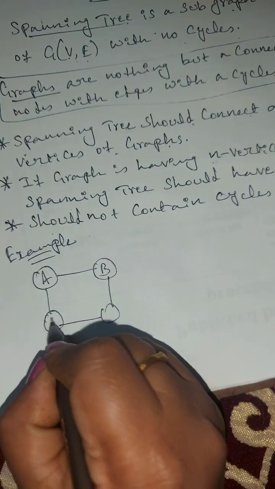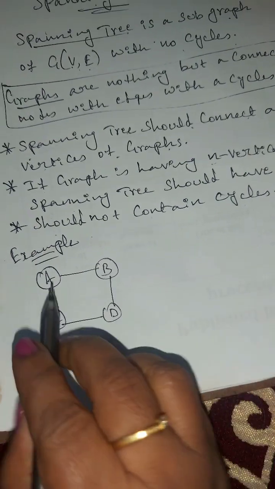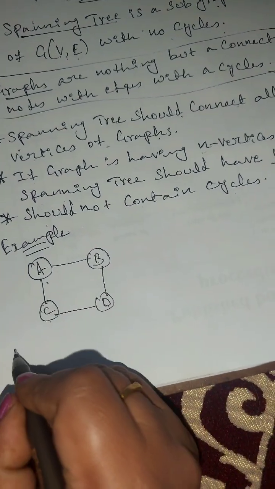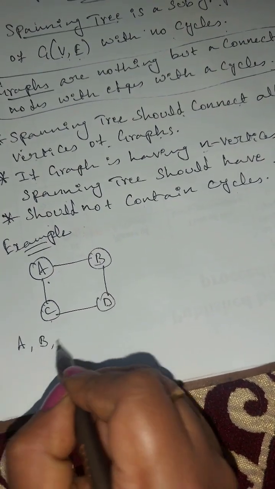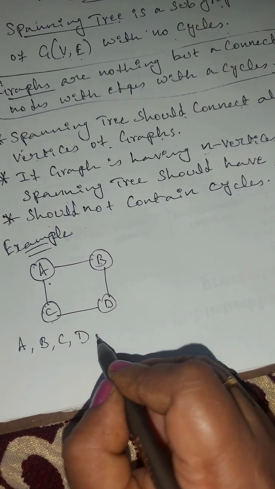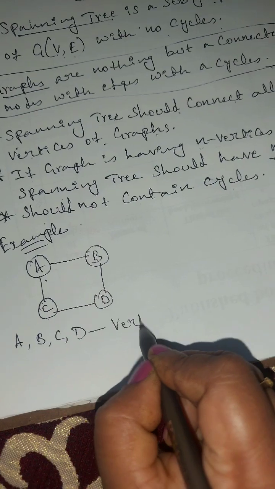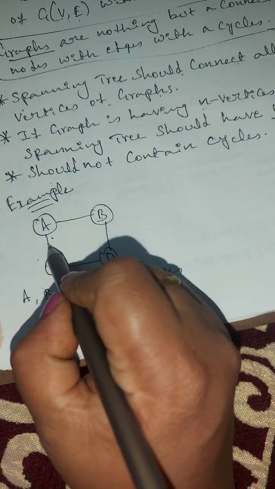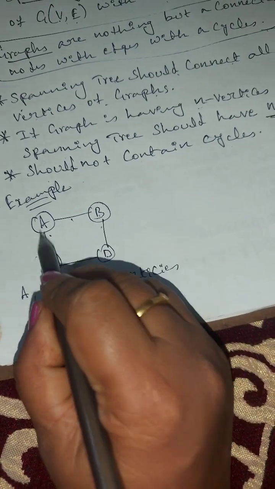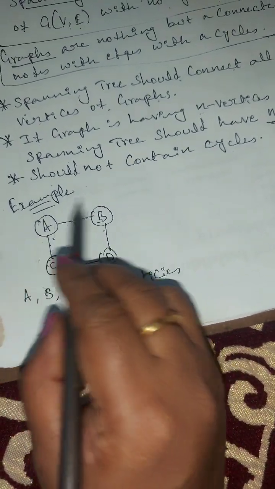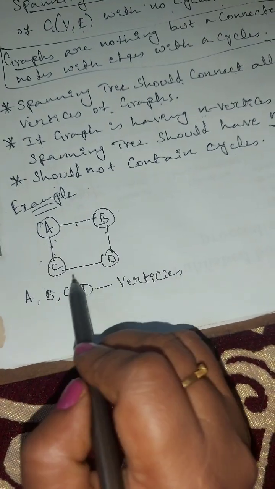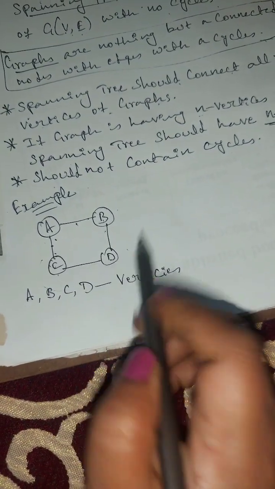A, B, C, D are vertices, and these all are edges. In this graph we have 4 vertices and 4 edges.